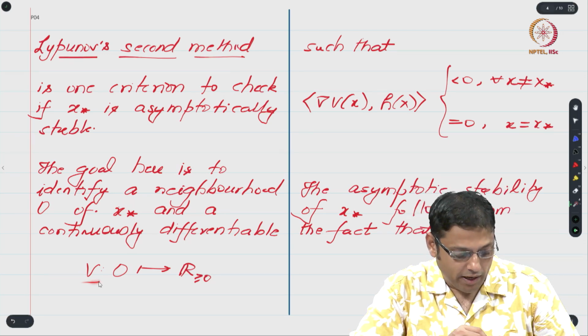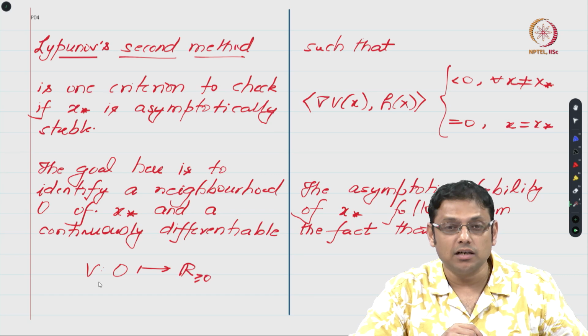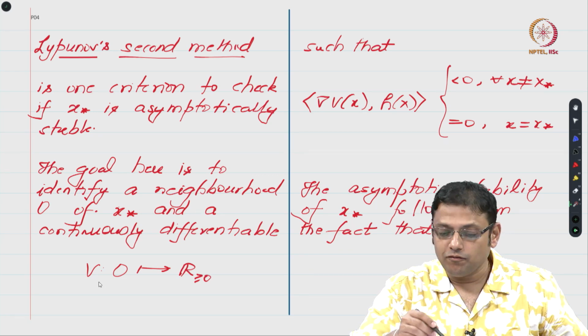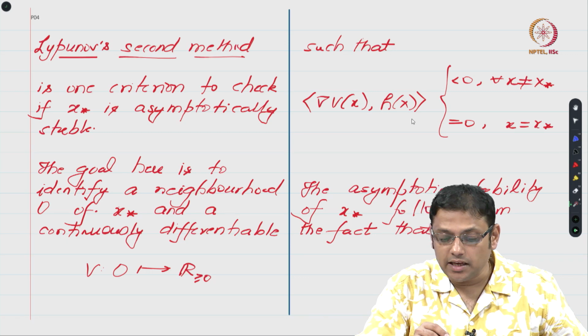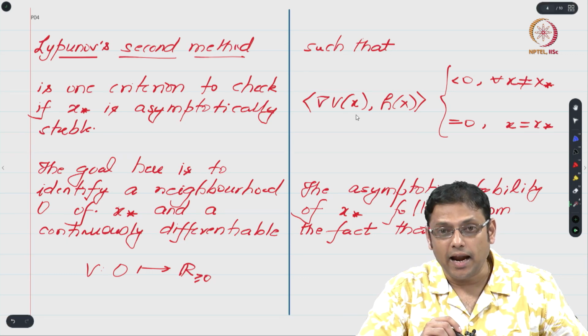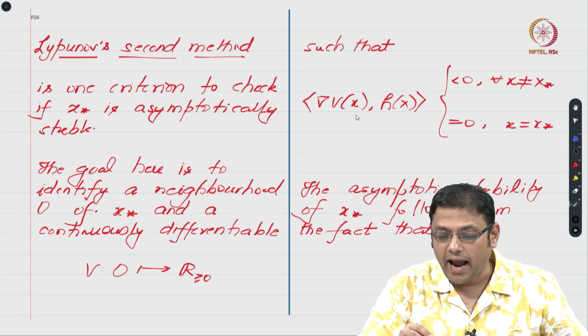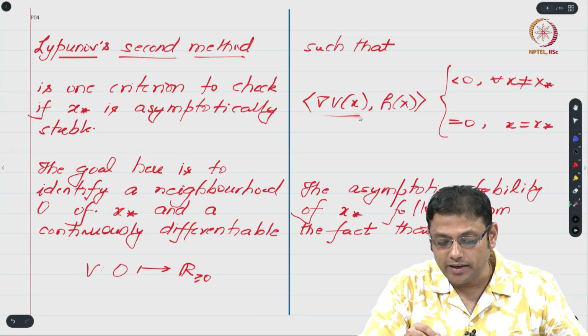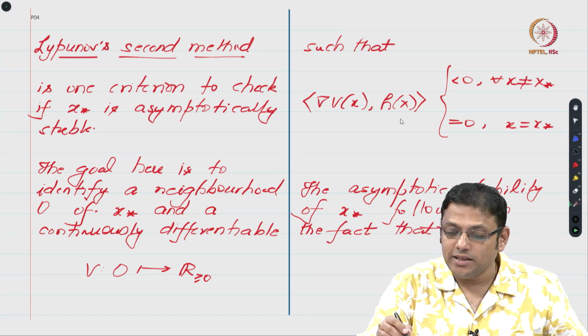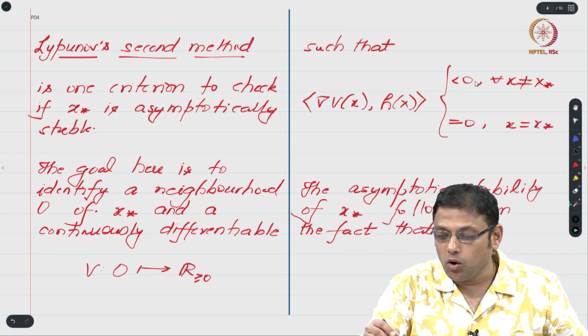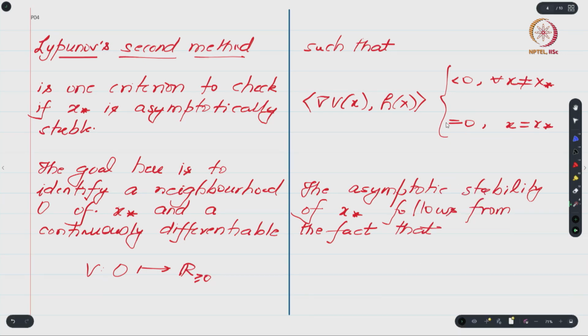When would we say such a V is a Lyapunov function? If it satisfies a condition like this: the inner product between grad of V of x and h of x, both vectors in Rd, should be strictly less than 0 for all x not equal to x star, and should equal 0 if and only if x equals x star.